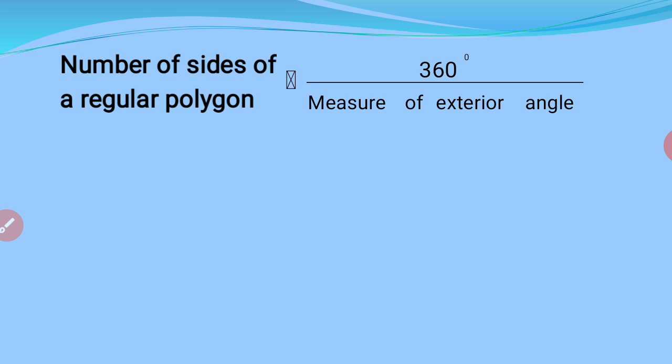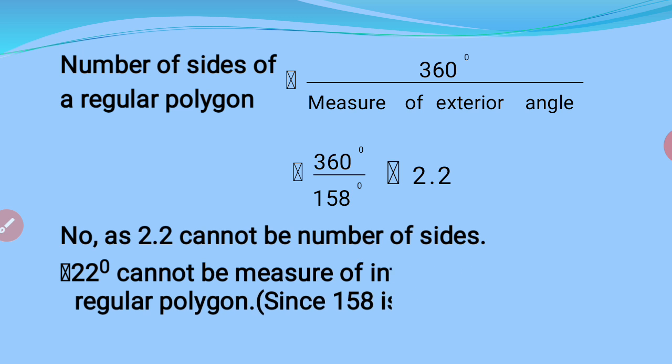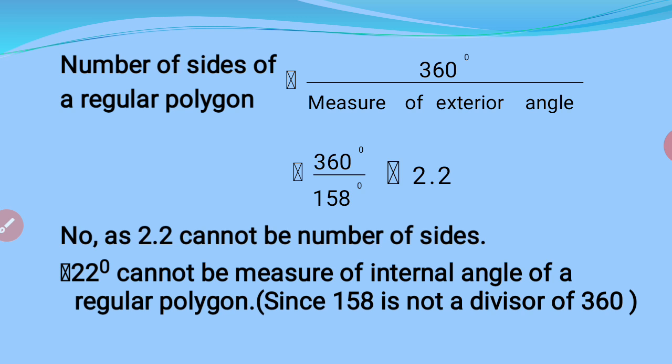Now the formula goes as 360 upon measure of exterior angle, which is 360 upon 158, which is 2.2. Again we know that 2.2 cannot be the number of sides of a polygon. So we conclude that 22 degrees cannot be the measure of an interior angle also. It cannot be the measure of an exterior as well as interior angle of any regular polygon.